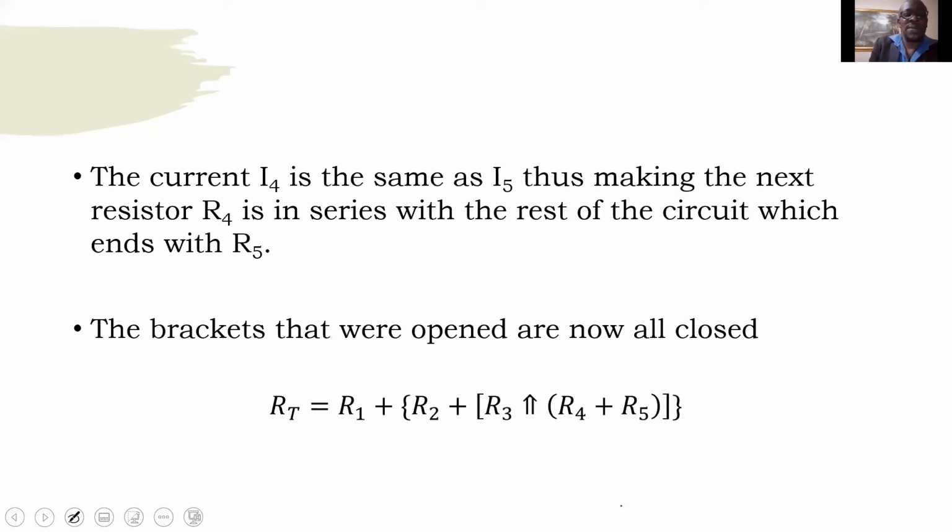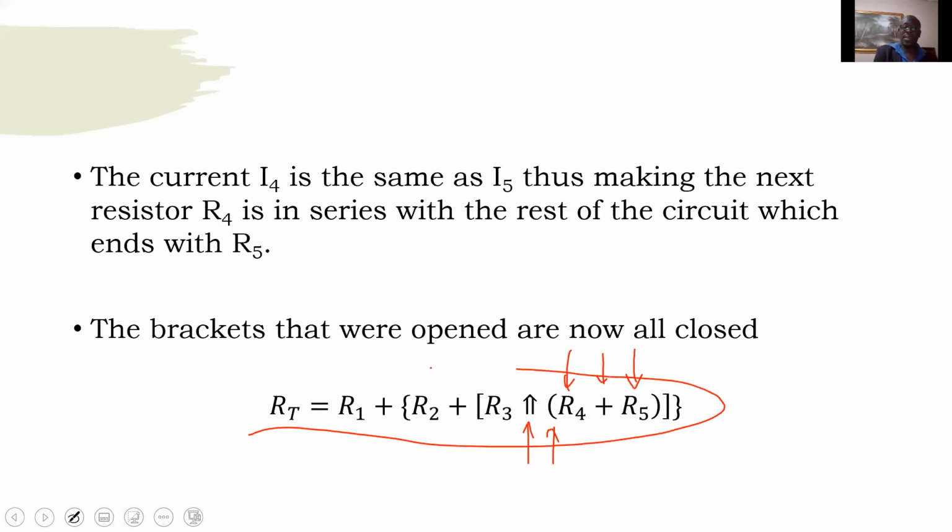We were up to R3 in parallel with the rest of the circuit. The next resistor we see is R4, and it is in series with R5. Because I have now completed R5, I close all my brackets. And this is my resistance equation.